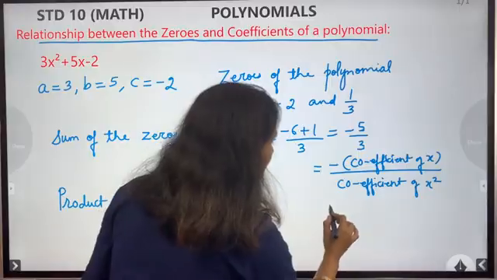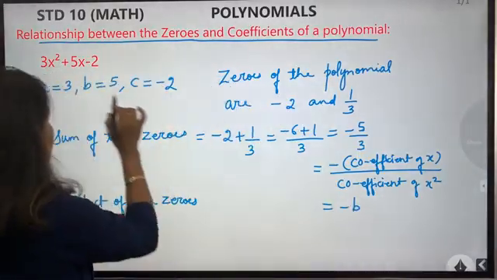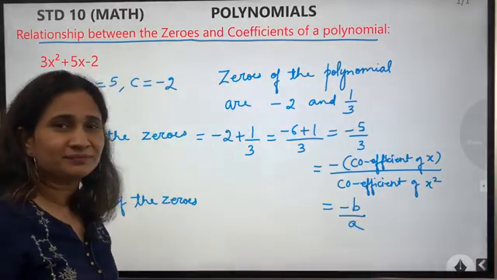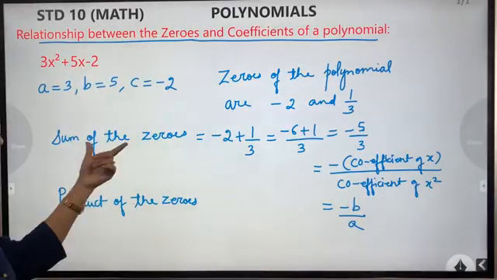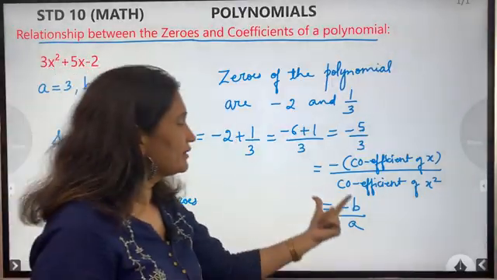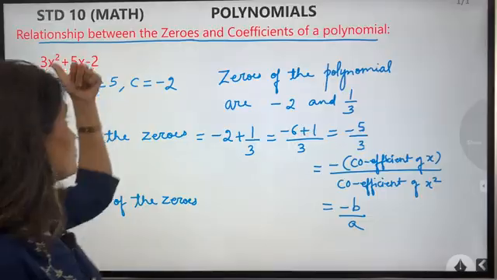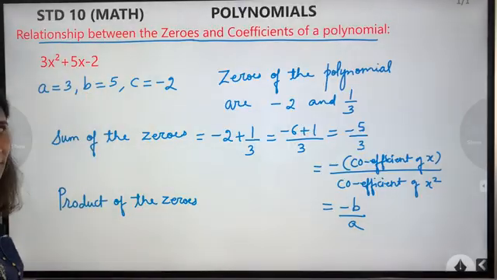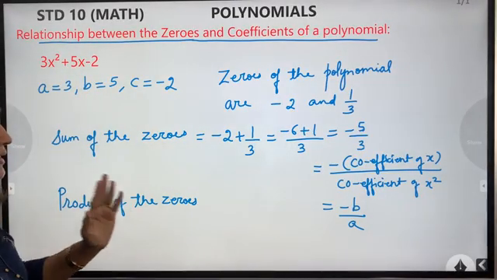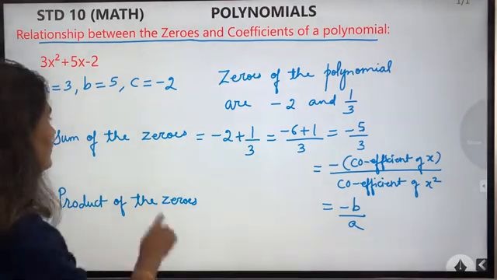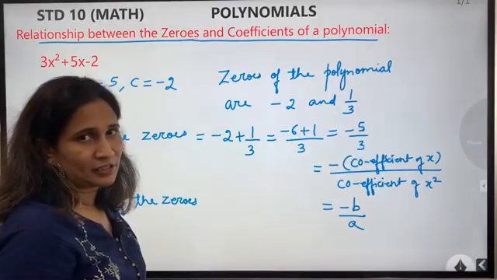B. So can I not write it as minus b upon what is the coefficient of x square? Isn't it called as a? So minus b upon a. So sum of the zeros will be given by the formula minus b upon a. So you are relating the zeros with the coefficients of the polynomial, right? Hopefully that is understood. So in short, after this explanation, I can directly write that the sum of the zeros is equal to minus b upon a.